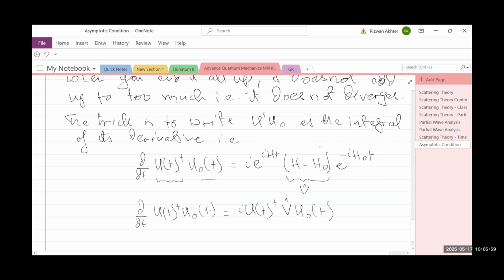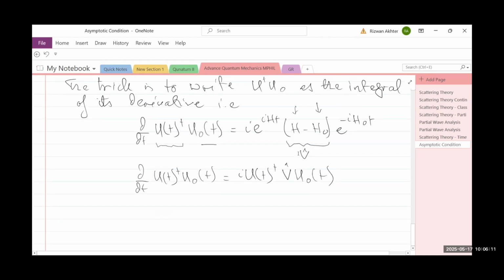And remember, what is H naught? The free Hamiltonian. What is H? The interacting Hamiltonian. So the difference of the two Hamiltonians would be some operator or some potential V. So this gives our equation, which we in fact want to prove.